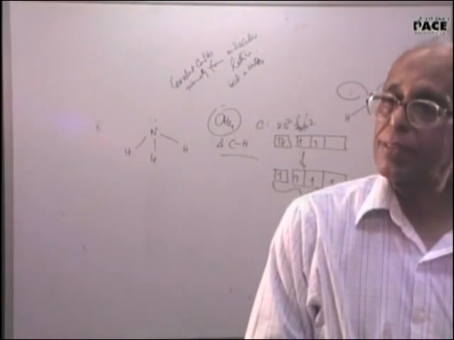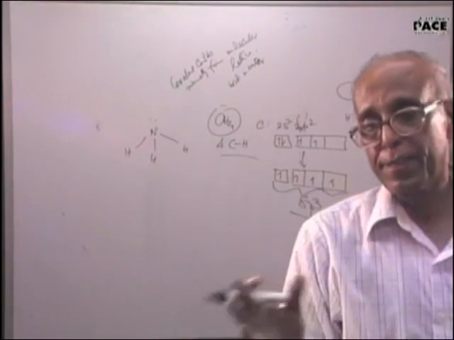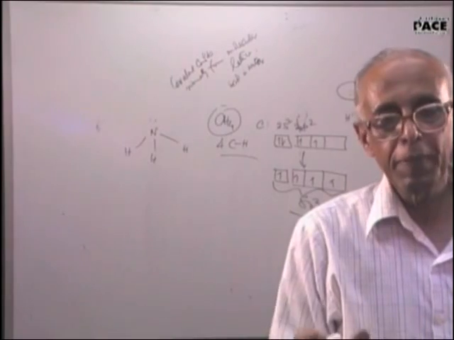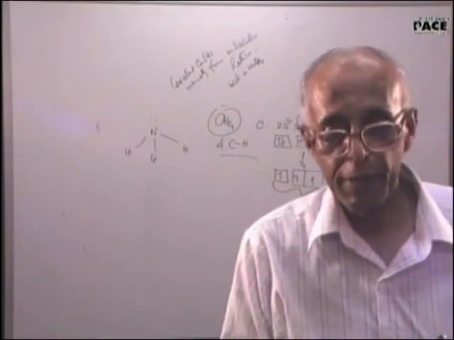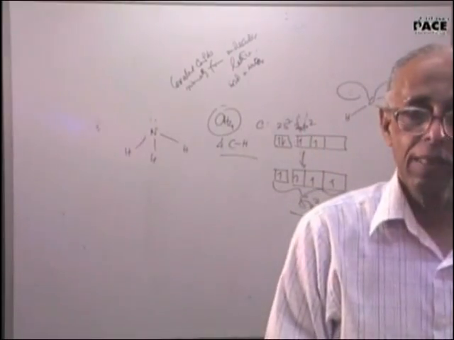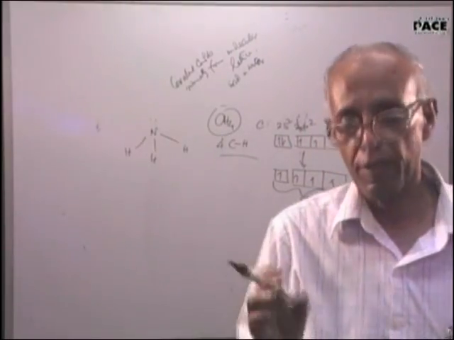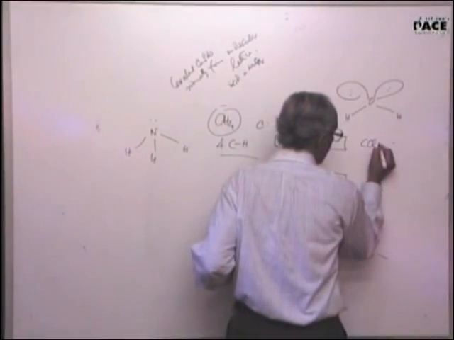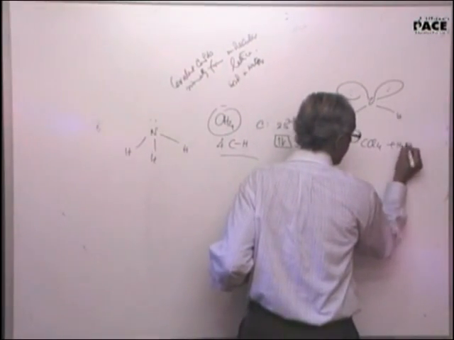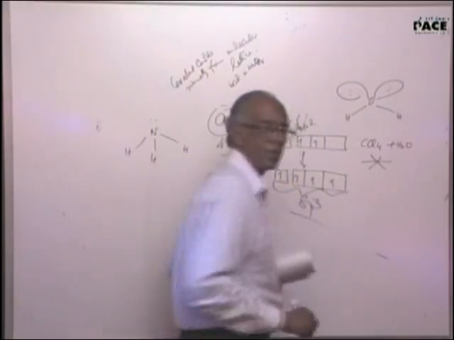But the reaction rate varies. You can't predict that if it is a covalent compound, the rate of reaction will be slow or fast. Some are slow, some are very fast. For example, carbon tetrachloride plus water: no reaction takes place.